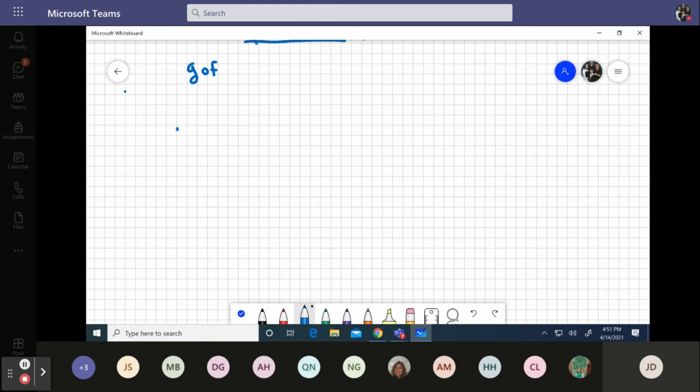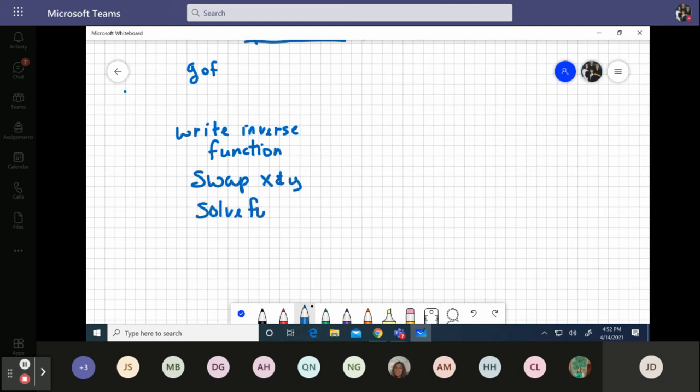When I have to write the inverse function, two steps: swap x and y, and solve for y, right?